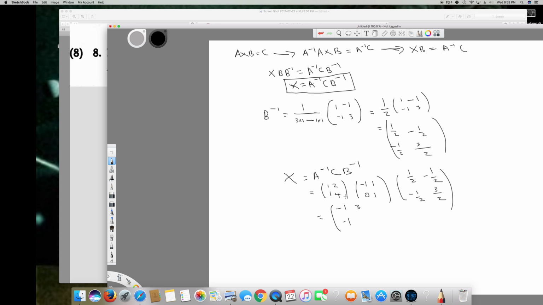And second row, second column: 1 times 1 is 1, and 4 times 1 is 4, therefore it will become 1 plus 4, 5. So we have this one right here, and now I have to do the same thing with the other one.